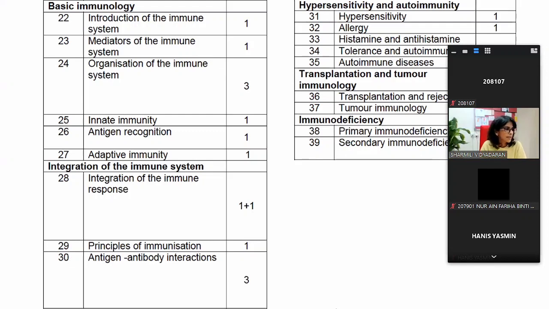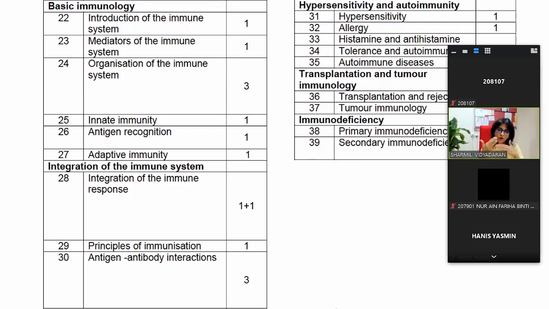So you're going to learn about immune cells like neutrophils and macrophages and how they do what they do. You're going to learn about antibody and the structure and how it gives us immunity. You're going to understand how the immune system recognizes that there's a problem. So these are what we consider basic immunology topics.